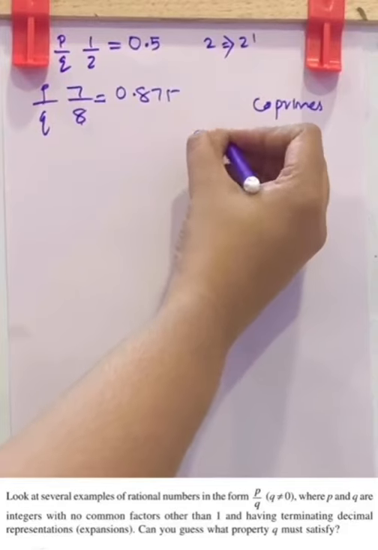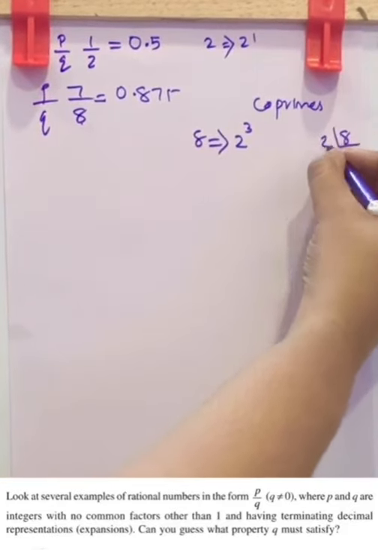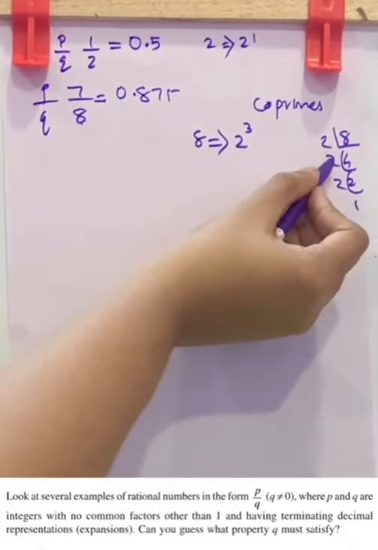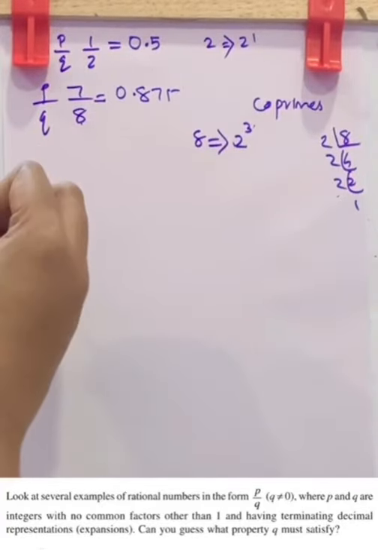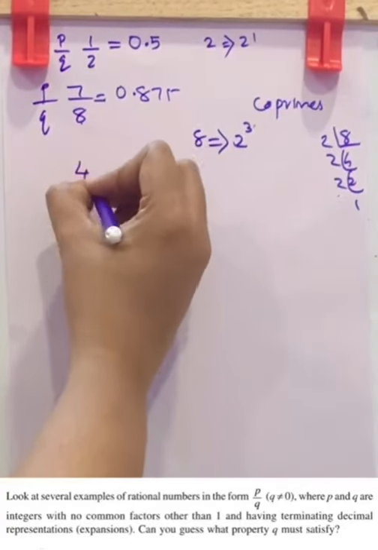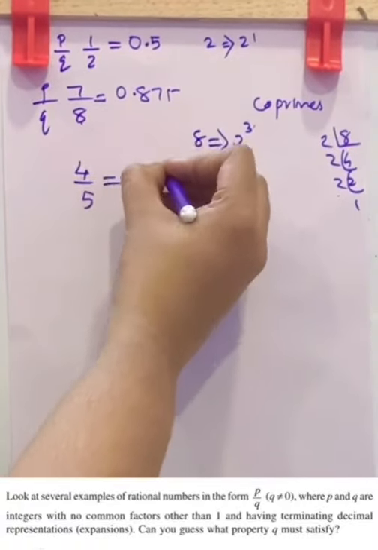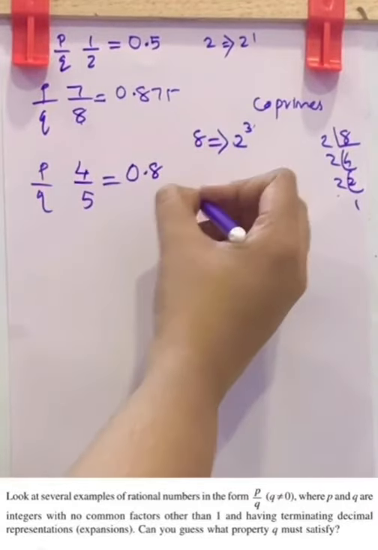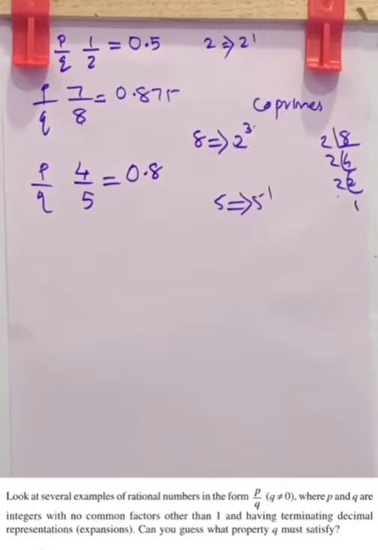Q is 8, which means 2 cube, right? When you factorize 8 you get 2 into 2 into 2, that is 2 cube. Now let us consider another one. 4 by 5 is 0.8. In P by Q, what is Q here? Q is 5 and it is 5 raised to 1.